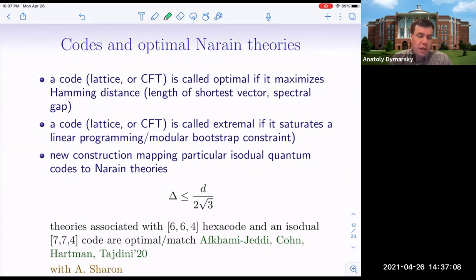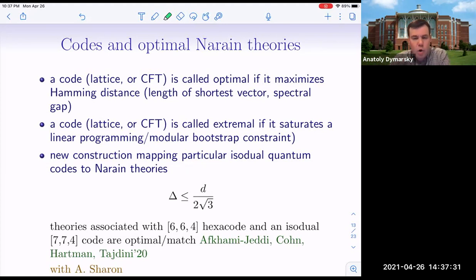Apparently, there's another family of codes which are isodual in a special way, and there are some additional properties being satisfied. If you start with codes of that kind, you can also map them to a subfamily of Narain CFTs, but this will be a different subfamily, and this would be a different mapping.